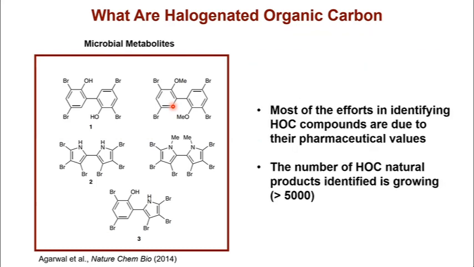Most of the effort to look at HOC in the natural sense has been focused on natural product discovery because some of them have pharmaceutical value. Back in the early 2000s, the number identified was already more than 5,000. So hopefully a bit more are identified now.